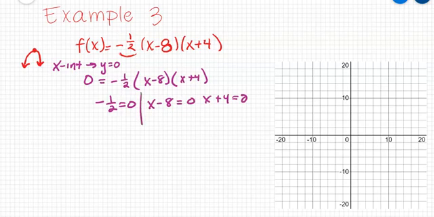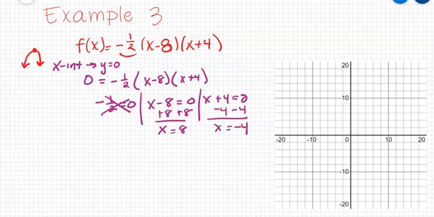In the first one, you will notice that negative 1/2 does not equal 0, so that is not a solution. We add 8 on both sides here, and we get x equals 8. We subtract 4 on both sides here, and we get x equals negative 4. So our x-intercepts are 8, 0, and negative 4, 0.